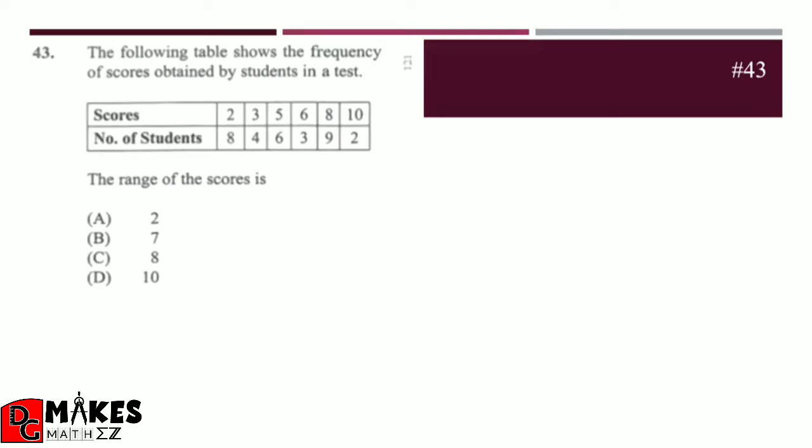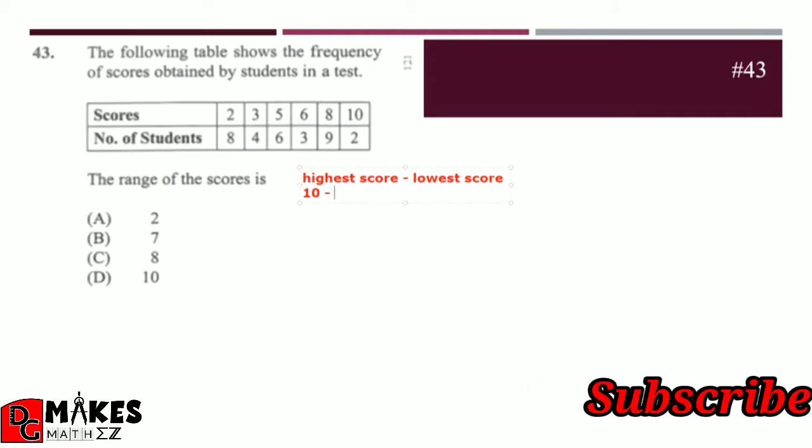How do you find range? Range is simply the highest score minus the lowest score. Our highest score is 10, and we're subtracting from that our lowest score, which is 2.